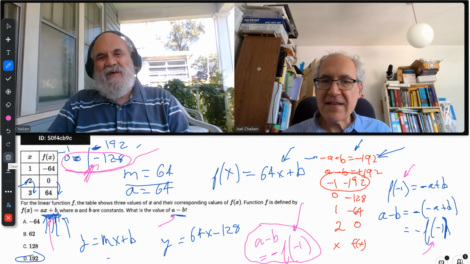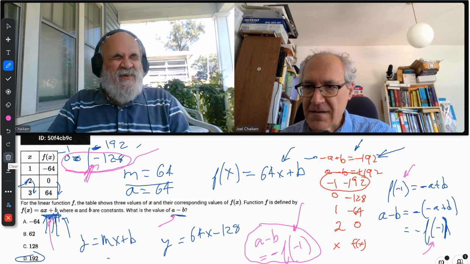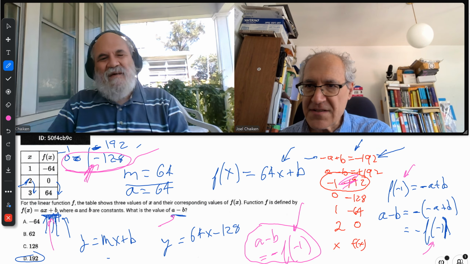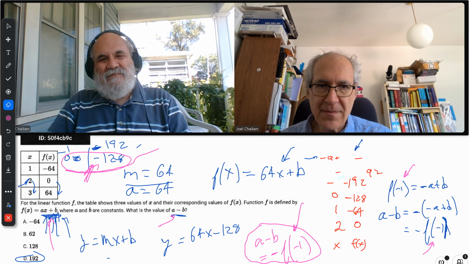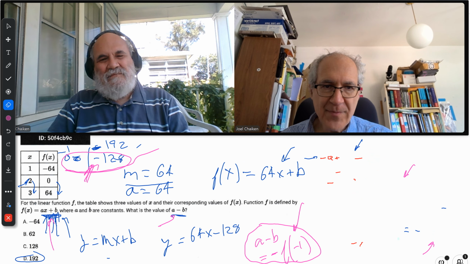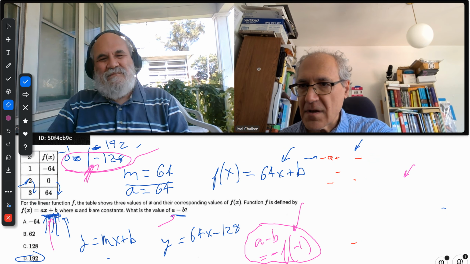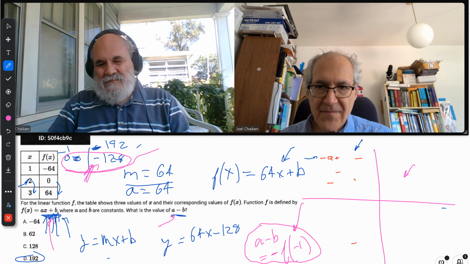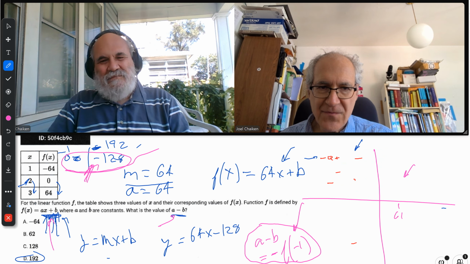Yes, you plot the point 2, 0. Let's actually check that out. You can make rough graph paper. I don't think they give you graph paper, but you can certainly go like this, and you would make them all 64s. How about that?